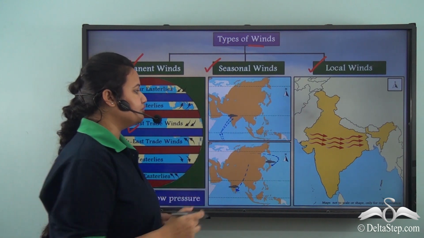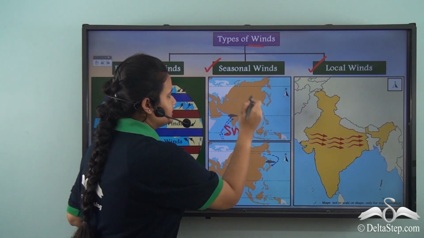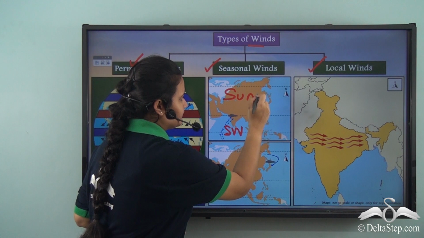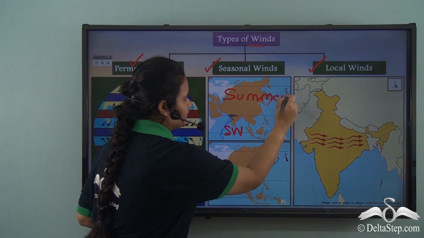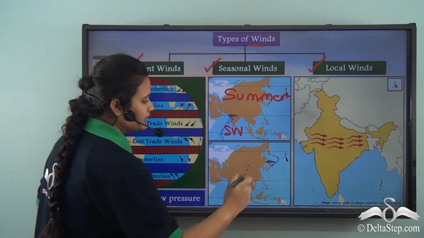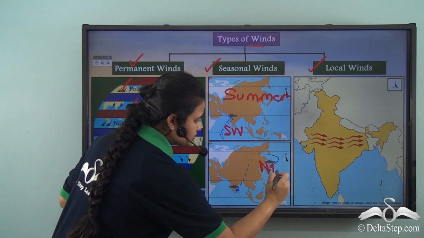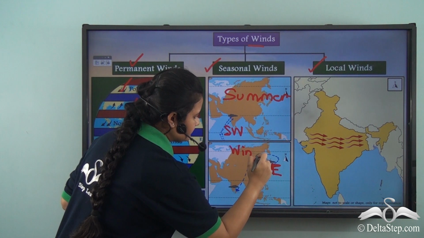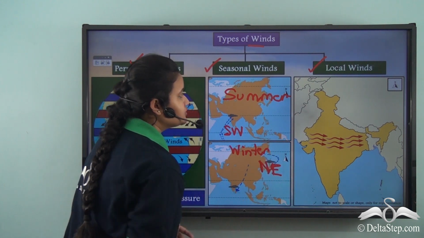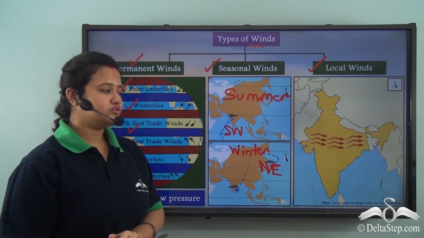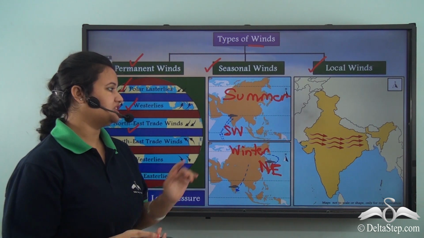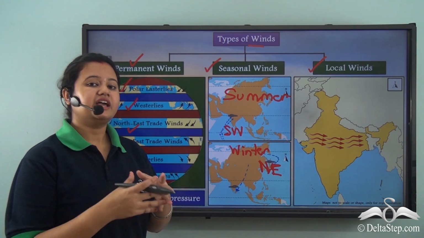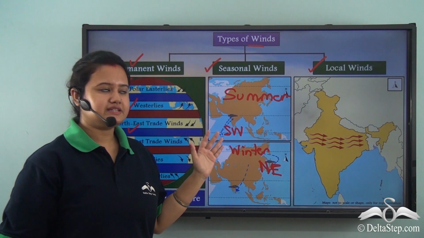That is, they blow from the southwest direction during summer, whereas the monsoon winds blow from the northeast direction during winter. So seasonal winds, like monsoon winds that are prevalent especially in the Indian Ocean region, change their direction seasonally.